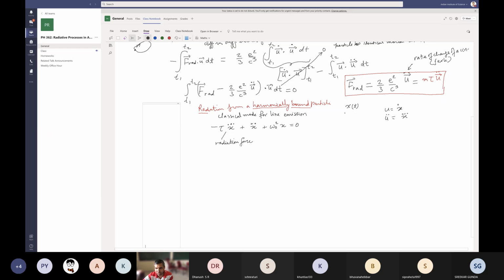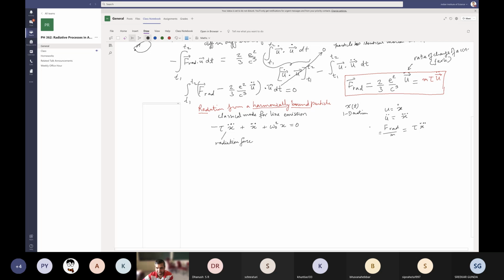So we are considering 1D motion. F rad per unit mass, which is basically the acceleration, is equal to tau x triple dot, right? So the equation is x double dot equals acceleration, right?